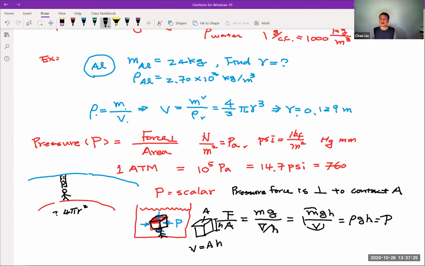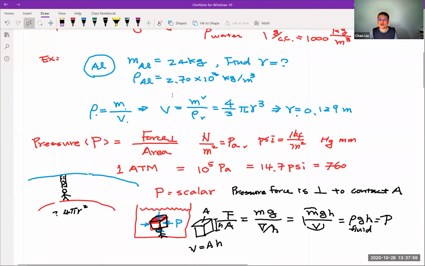Now the density here, the rho over here, is the fluid density. It's not the object density. So it's not the density of someone below this object. No, it's the density of the fluid times the g times the height, and that is also another way to calculate the pressure.